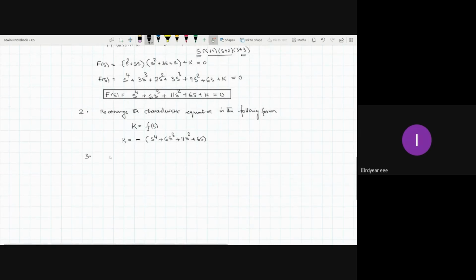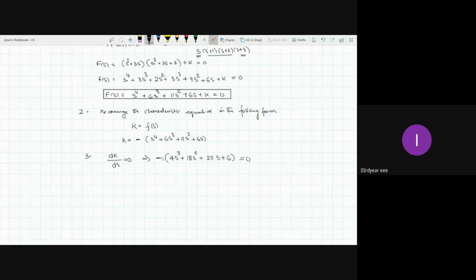Step 3: differentiate K with respect to s and equate it to 0. So let's differentiate. So dK by ds is equal to 0. So when you differentiate, what do you get? Minus 4s cube minus 18s square minus 22s minus 6 is equal to 0.